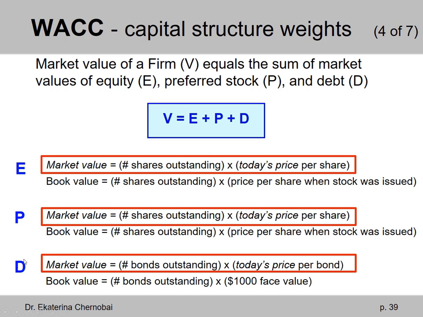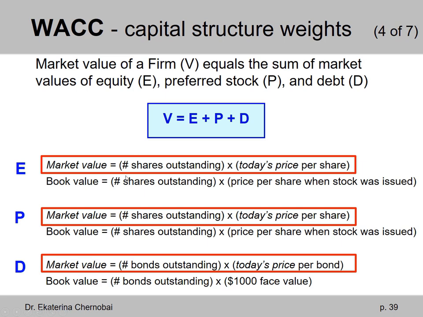And for bonds or debt, which we denote by capital D, the third component of the firm value, the market value would be equal to the number of bonds outstanding multiplied by today's price per bond. If you instead multiply by the $1,000 face value, that will give you the book value of bonds. That's something static over time. It doesn't change, just like the book value of preferred stock and common stock shares.